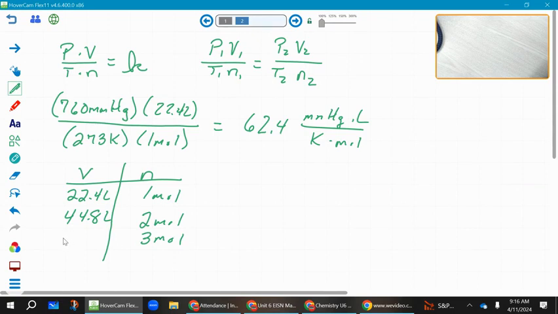We could do a little addition here since the 2 numbers above it would total up to 3. 67.2. What if we only had 0.5 mole? 11.2.